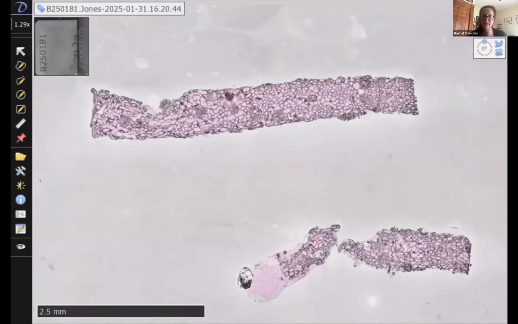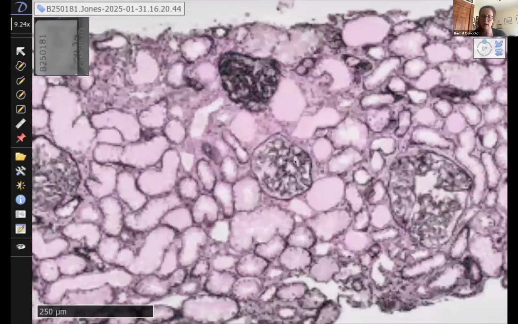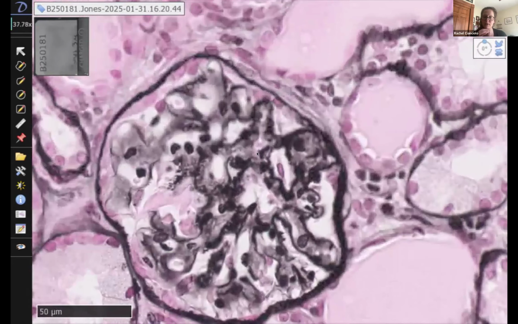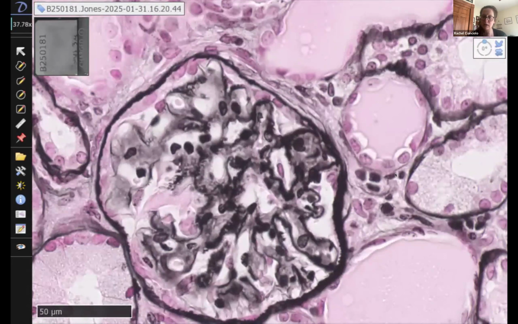The Jones often does not really pick up and stain the amyloid fibrils. Jones is really good for basement membrane material. Hopefully you can see I'm outlining a tubular basement membrane right there. That's what the normal Jones color should be. It outlines Bowman's capsule basement membrane, which is dark black.